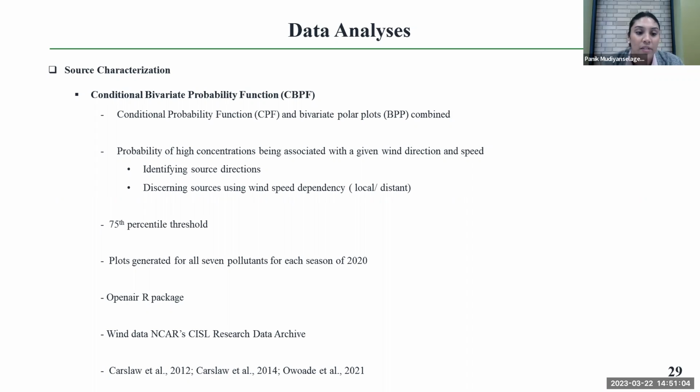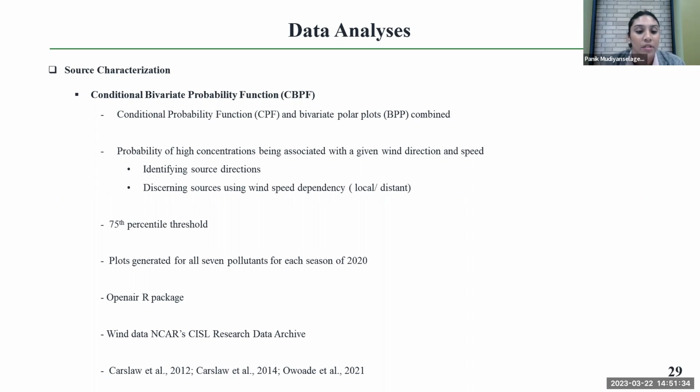So in this analysis, to determine high concentrations, we chose a 75th percentile threshold. And we generated plots for all 7 pollutants for each season of 2020, so 28 plots altogether. To do this analysis, I followed the work of David Carslaw and also gave reference to a study by Dr. Hopke and Abood in 2021.